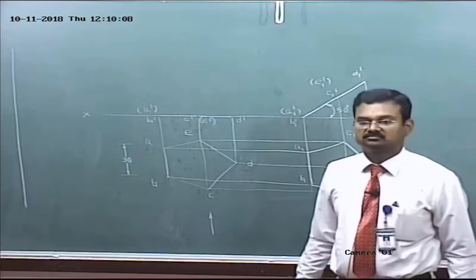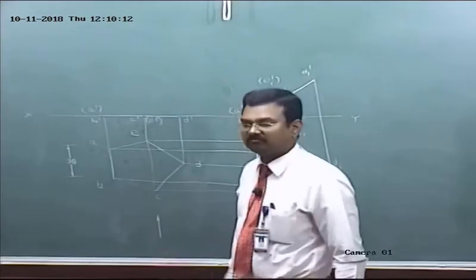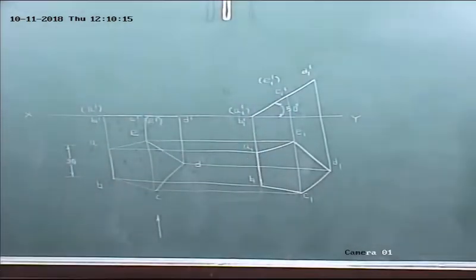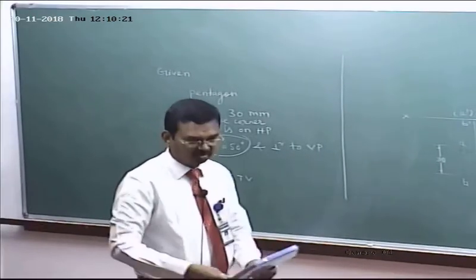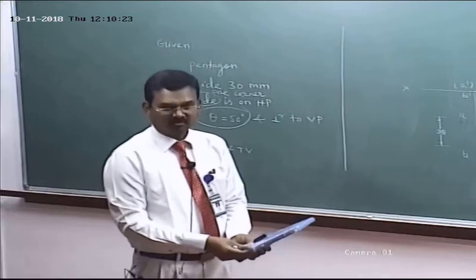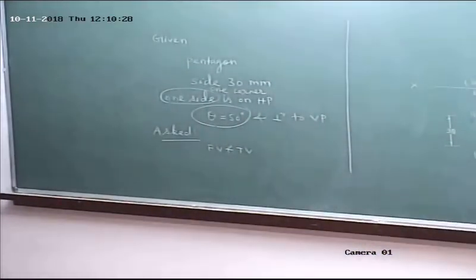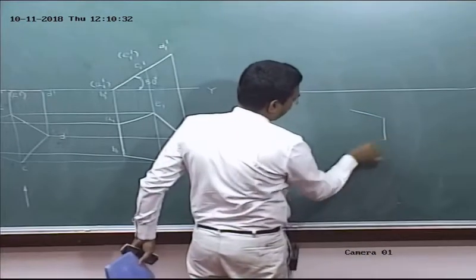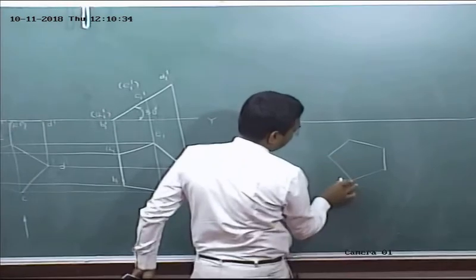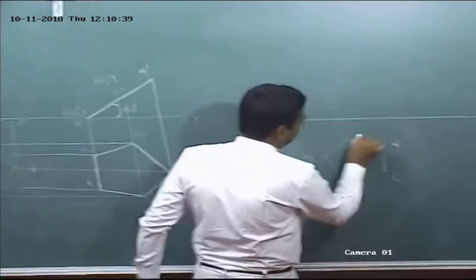Here you can take the same figure, otherwise one corner you can take, one corner placed on HP. Before that, one side is perpendicular to VP. Here, one corner resting on HP. See, the first step top view will be like this: A, B, D. I am drawing this figure roughly for your reference.